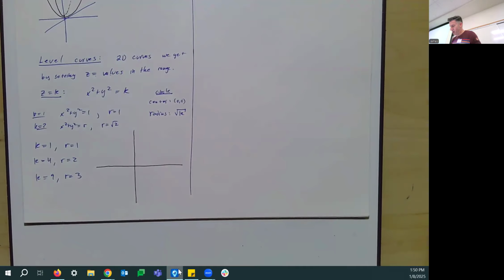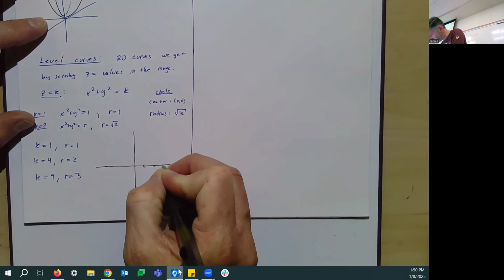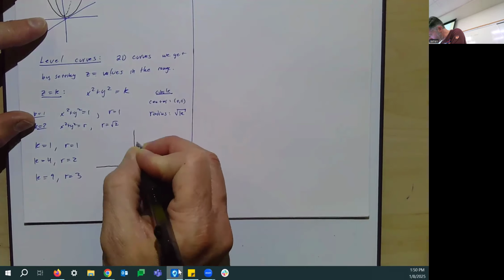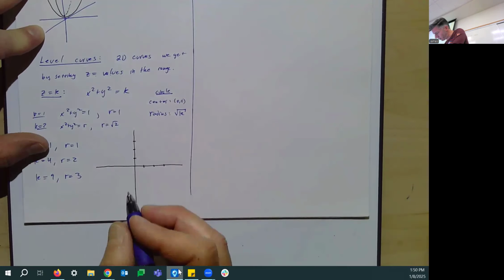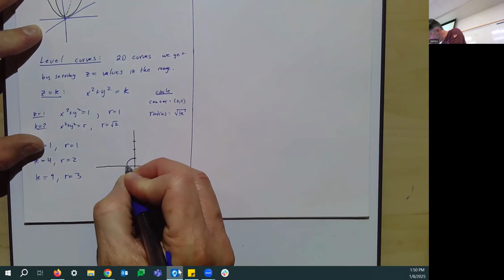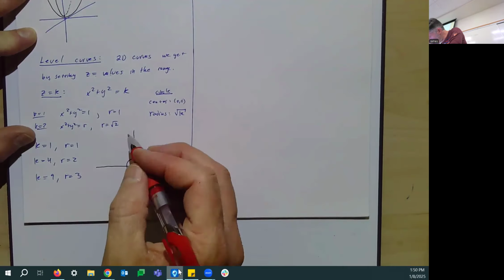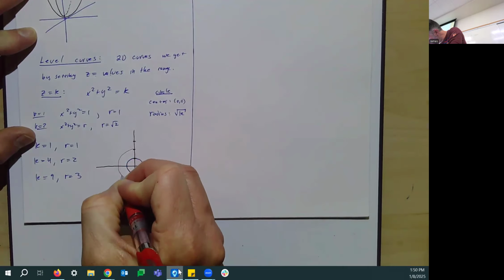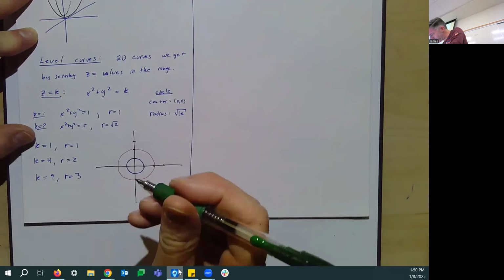But try your best. Here's my circle of radius 1, my circle of radius 2, my circle of radius 3.